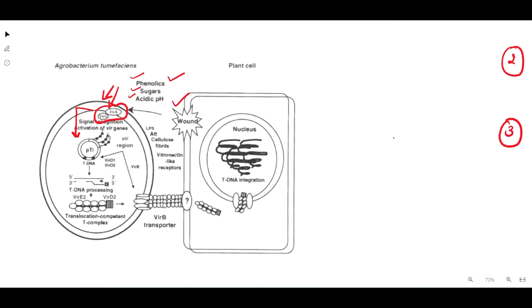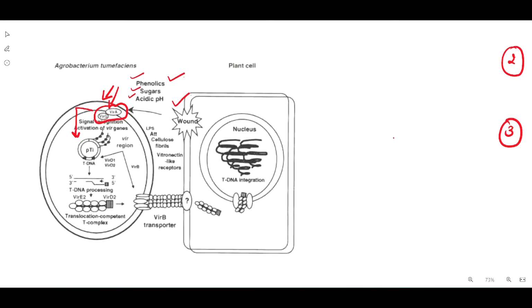So this is the first step, in which the Agrobacterium tumefaciens is getting attracted towards the wounded plant cells. This signal cascade activated by acidity, phenol and sugar molecules is responsible for the activation of the Vir system.